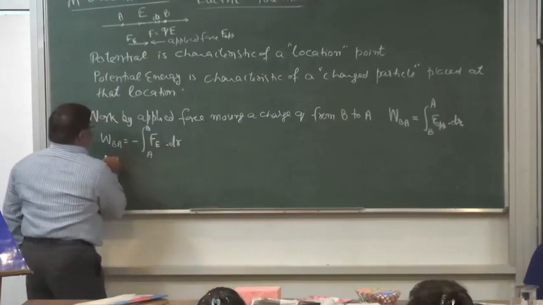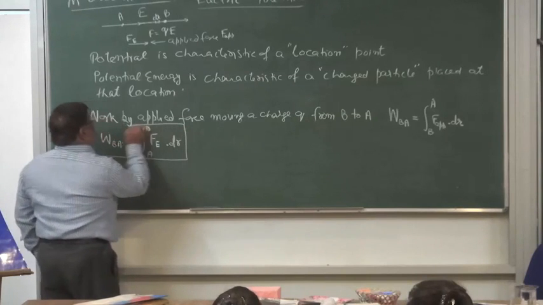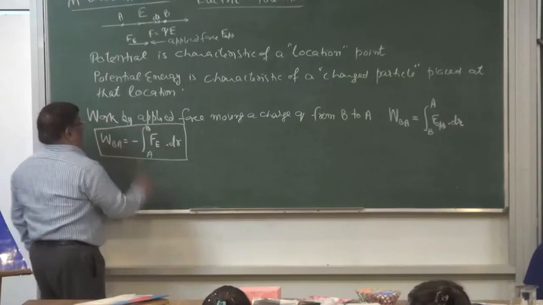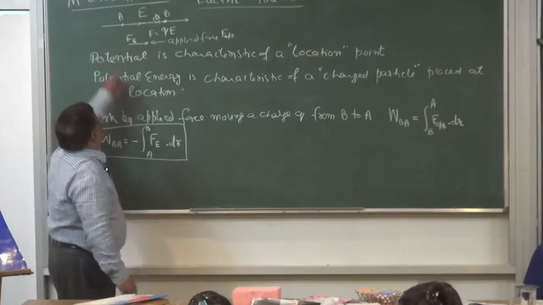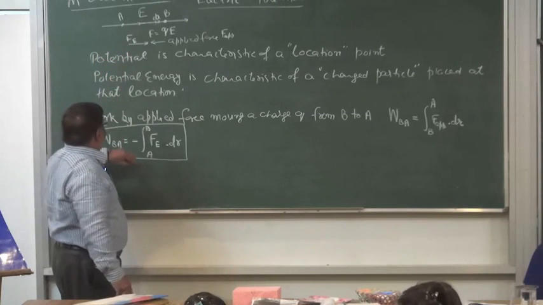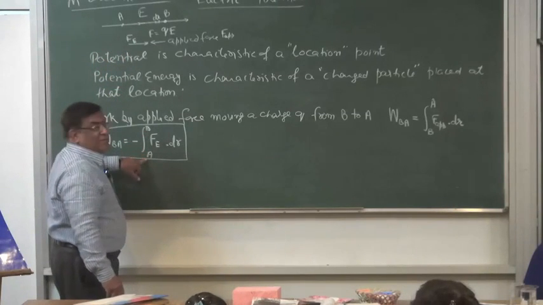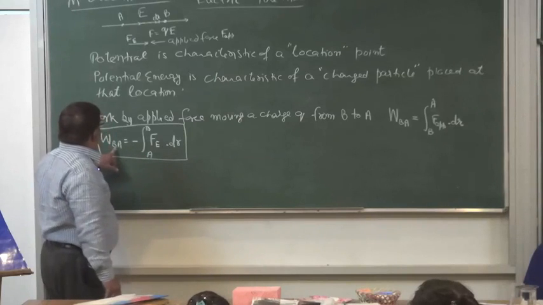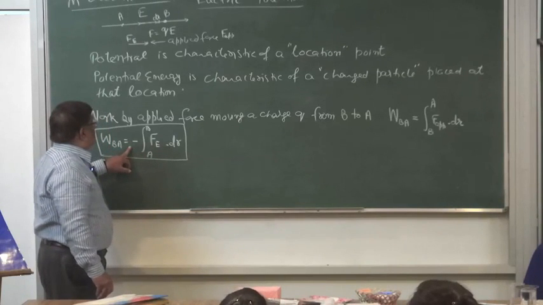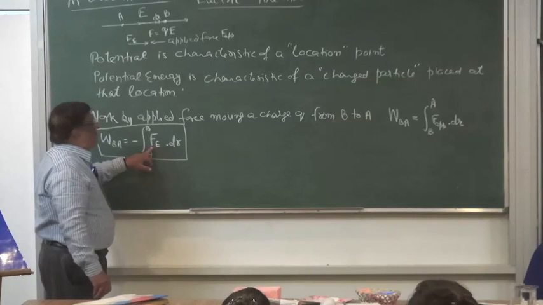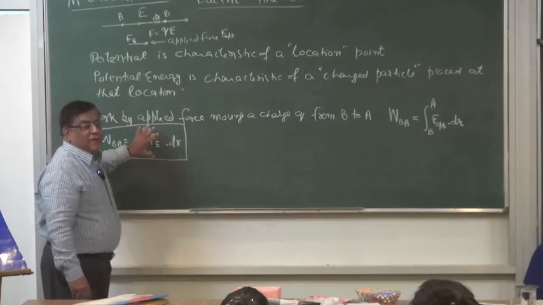This is the first formula we get. If a charge is taken from B to A, the work done from B to A is equal to the negative of the electric force into dr.